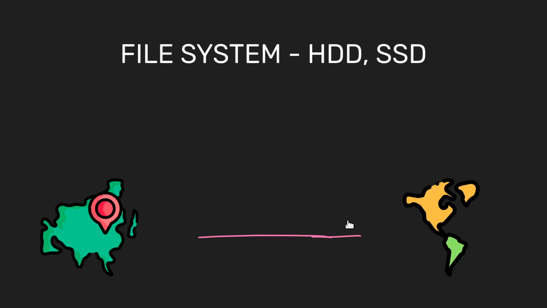File system is equivalent to traveling across continents to get the data. You're in Asia, you travel all the way to America to get some data. It's that slow. Of course, in computer terms, everything is so fast that even slow is fast to us. It's very relative.